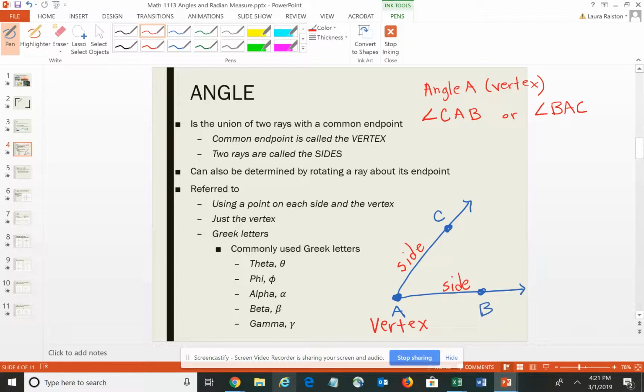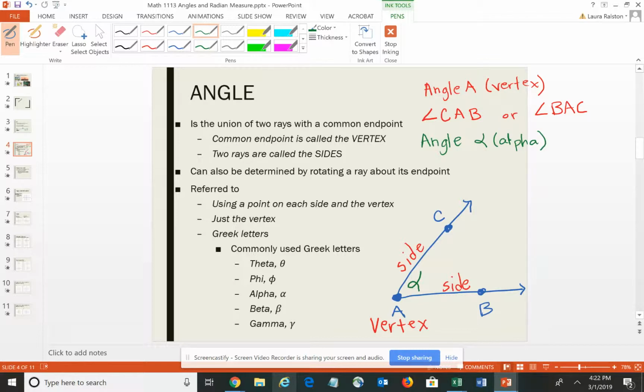Also, within trigonometry, we sometimes like to use special letters, and they'll put that special letter inside the angle, there at the vertex. Of the more commonly used ones, we could call this angle alpha, because that's the Greek letter that looks like the fish, so we would read it angle alpha.